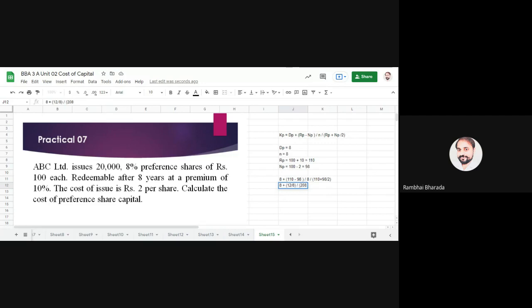208 divided by 2. 12 divided by 8, that is 1.5, like this, divided by 104.